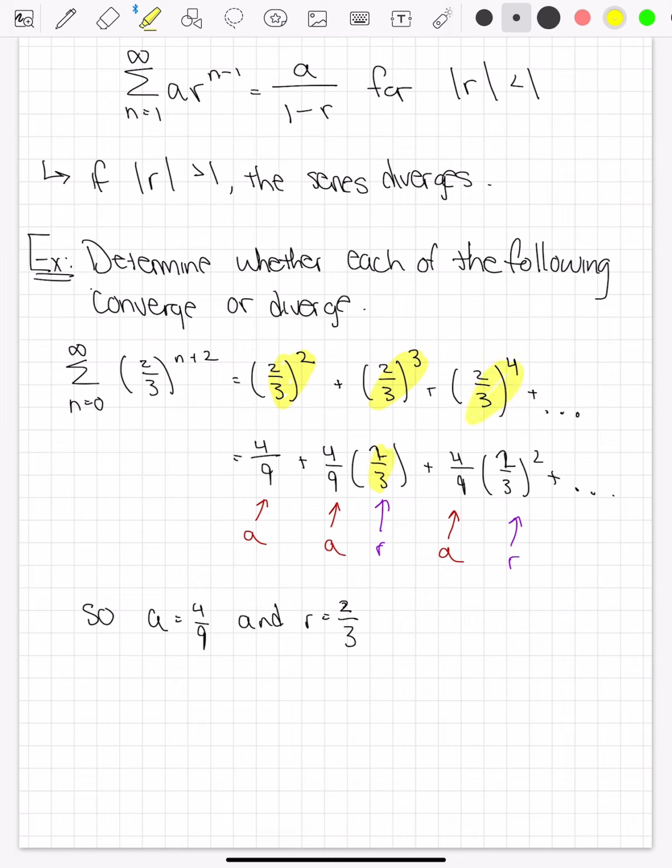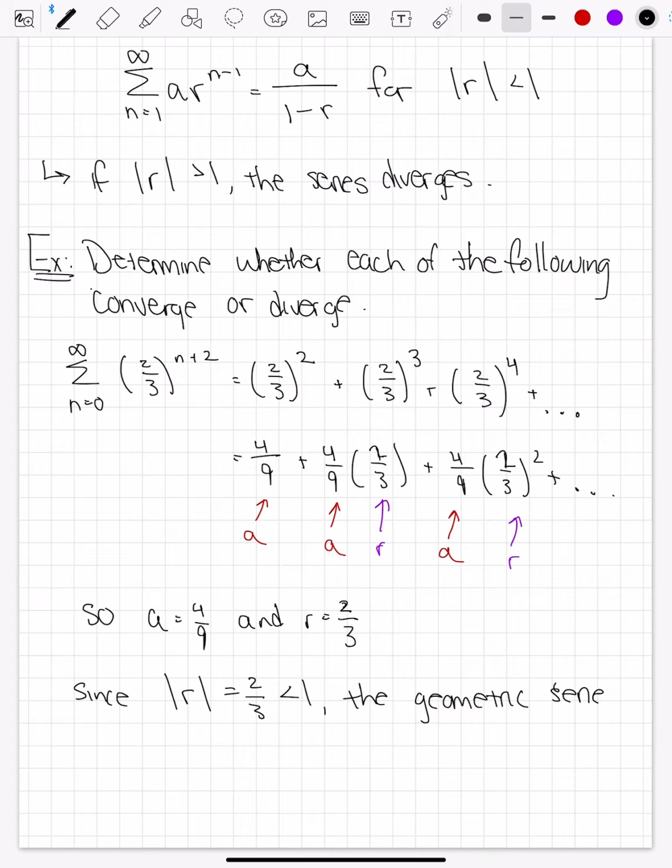Here we have (2/3) to the fourth, so there's two extra 2/3, and so on and so forth. So we see that since the absolute value of r equals 2/3, which is less than 1, we know that the geometric series converges.